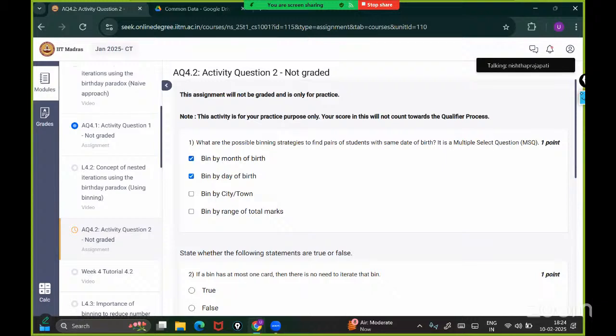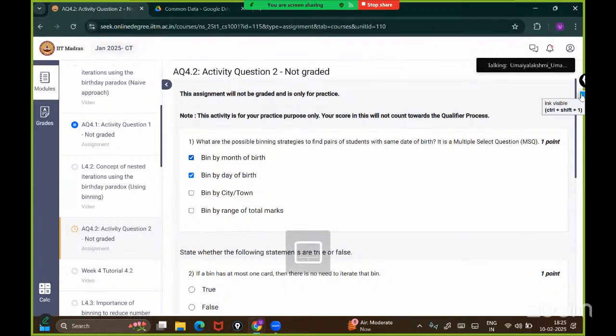Because it's about date of birth. Bin by city and town, does it make any sense? No, ma'am. And range of totals has nothing to do with their date of birth. So the possibilities can be bin by month of birth and bin by day of birth. These two can be the possibilities.